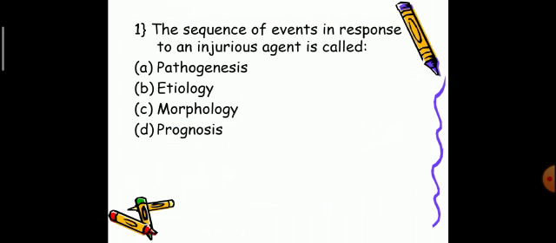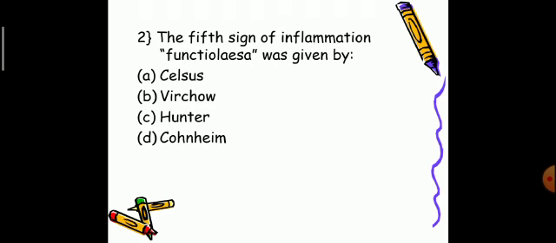So these are certain MCQs. The sequence of the events in response to an injurious agent is called, the answer is A, pathogenesis. The fifth sign of inflammation, that is functio laesa, was given by, the answer is B, Rudolf Virchow.